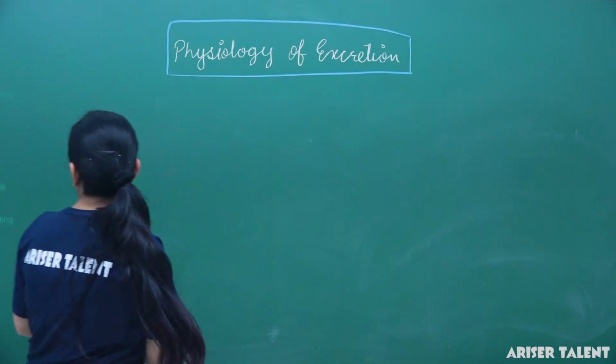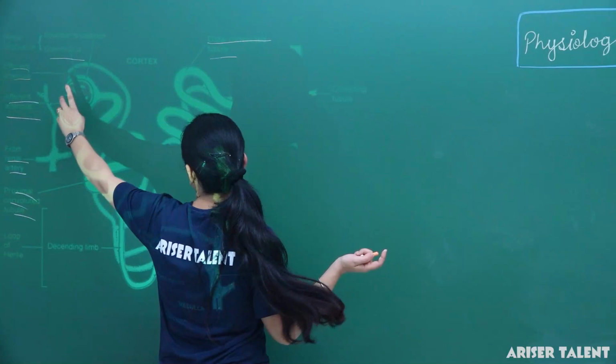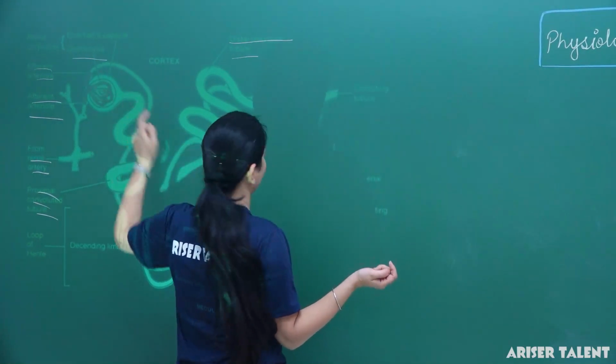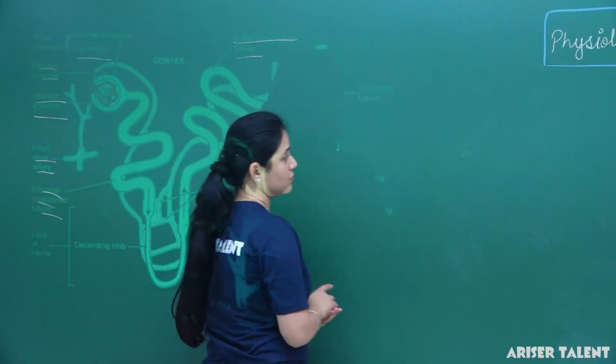As I told you, these afferent arterioles further divide and form the glomerulus, and these glomerular capillaries unite to form the efferent arterioles.